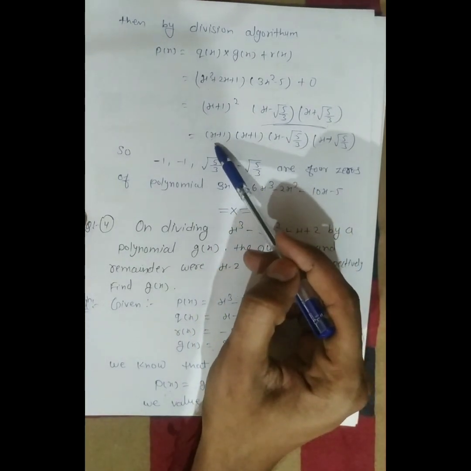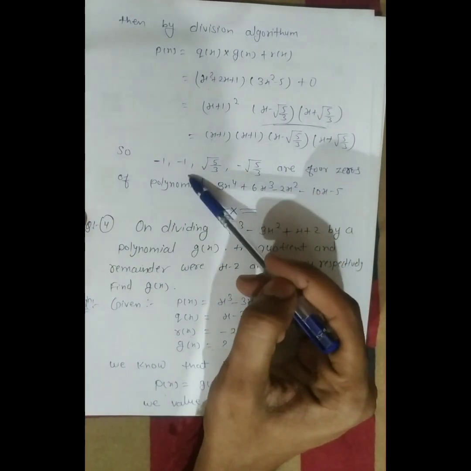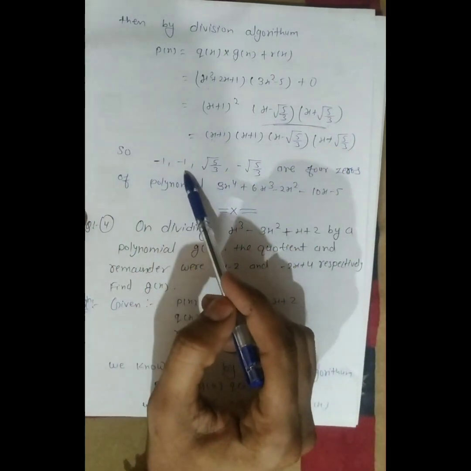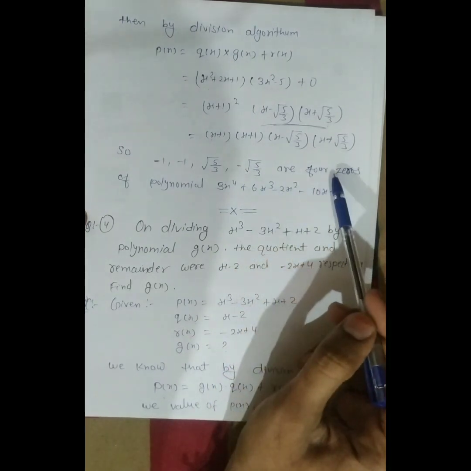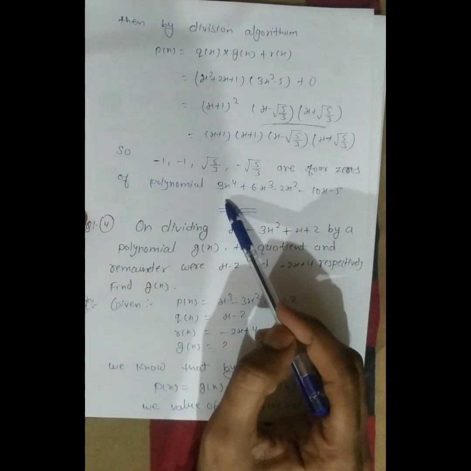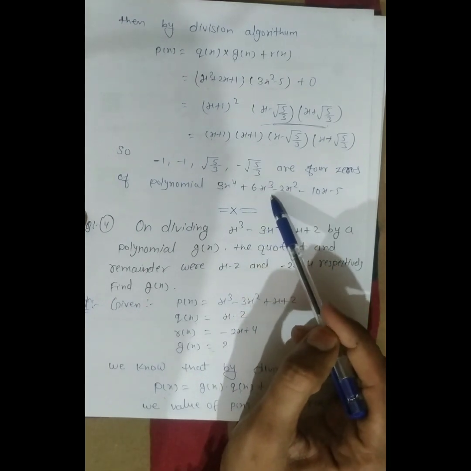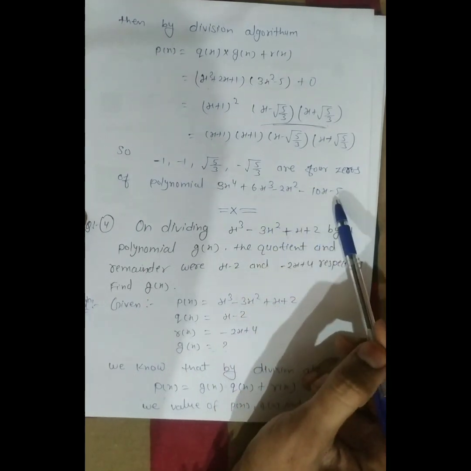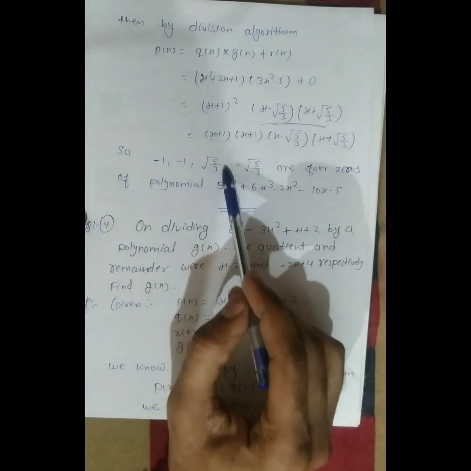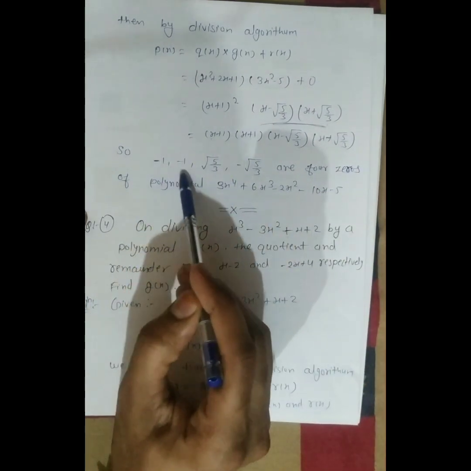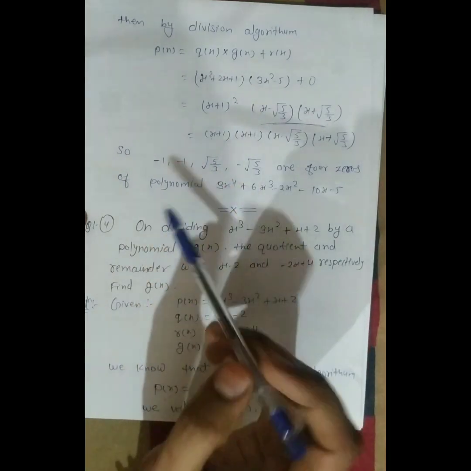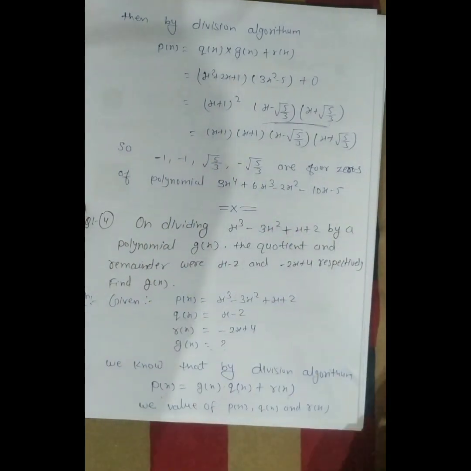So we get x = -1 and x = -1. So -1, √(5/3) and -√(5/3) are the four zeroes of the polynomial 3x^4 + 6x^3 - 2x^2 - 10x - 5. Two zeroes are already given, and we get x = -1 and again -1 as the other two zeroes of this polynomial.